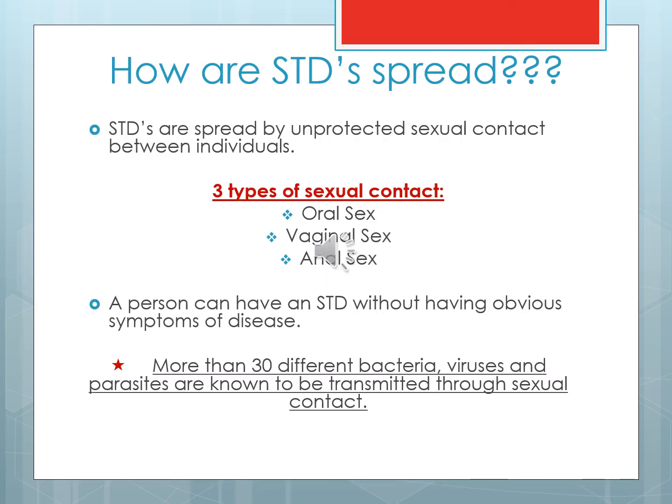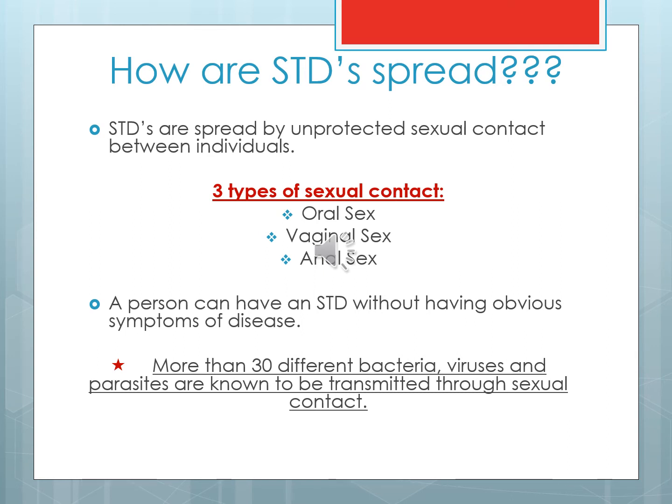Next, we're going to talk about how STDs are spread. So, as stated previously, STDs are spread by unprotected sexual contact between individuals. What you must understand is there are multiple forms of sexual contact, all of which can spread an STD.